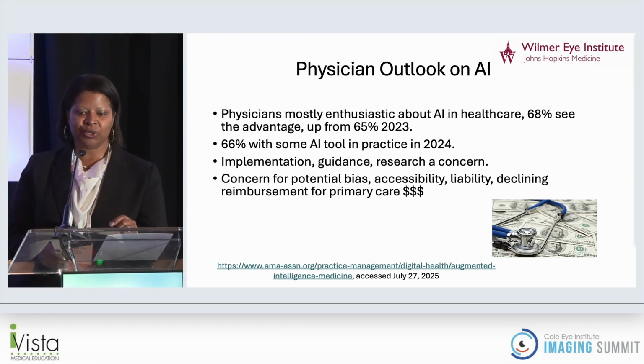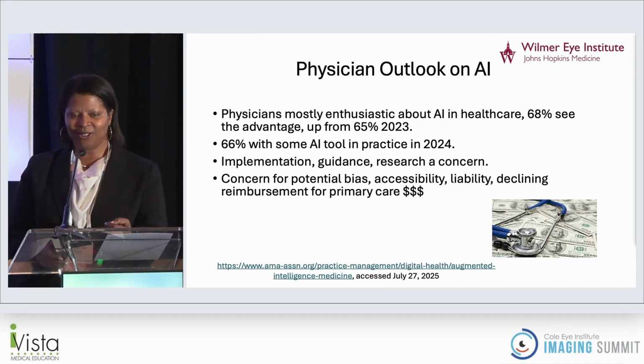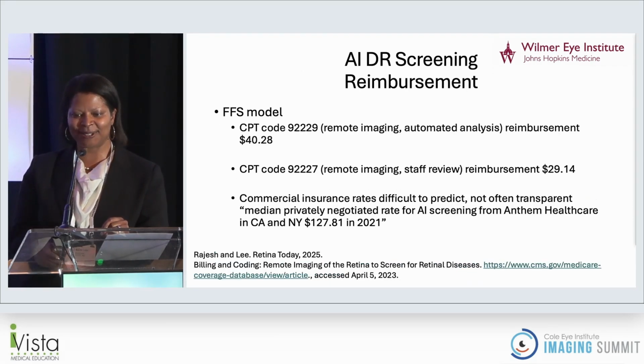However, there is concern regarding implementation, guidance, use for research, and the potential for people to do unethical things with AI. There's concern for potential bias, as we alluded to earlier, accessibility, liability, and declining reimbursement. And if you're a primary care physician, a lot of what we've talked about at this ASRS is that the outlook for reimbursement is certainly not looking favorable these days.